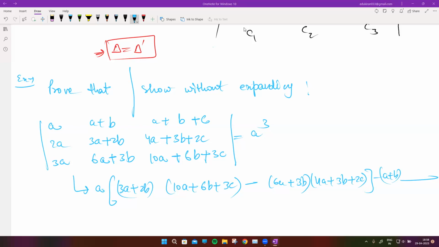Particularly in cases when you are asked to show without expanding, you cannot show it with the help of expansion. And a 4-mark question will come from this chapter, particularly I'm talking about CBSE boards right now. So a 4 marks question will certainly come from there, and you can't use expansion to solve those determinants. So be very aware of it, right?